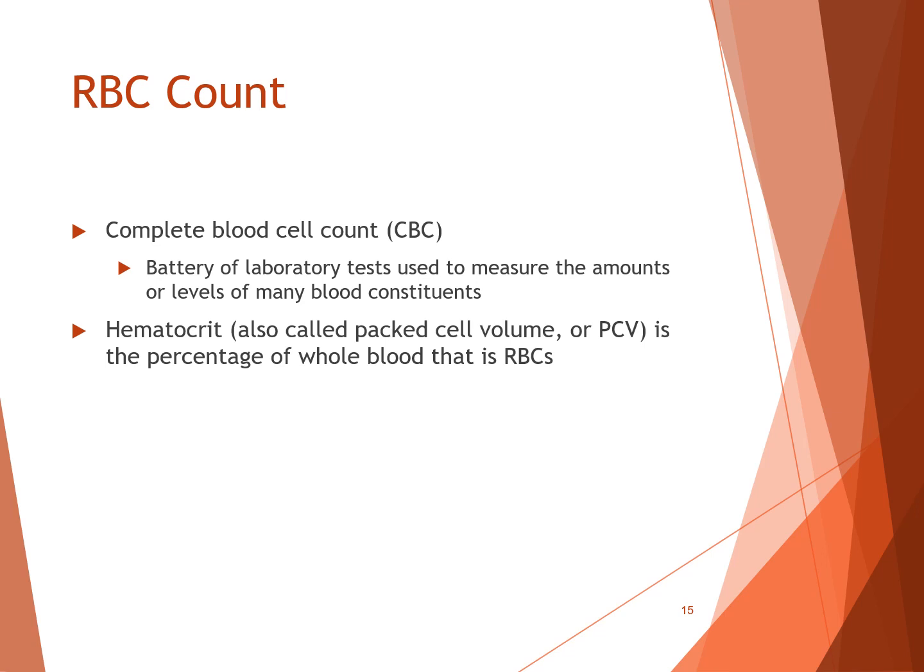And it was not very accurate. It consisted of a microscope slide with a counting grid that was etched on it so that they could get a rough estimate. But now they have automated machines that do that for us, which is a lot easier and more accurate.